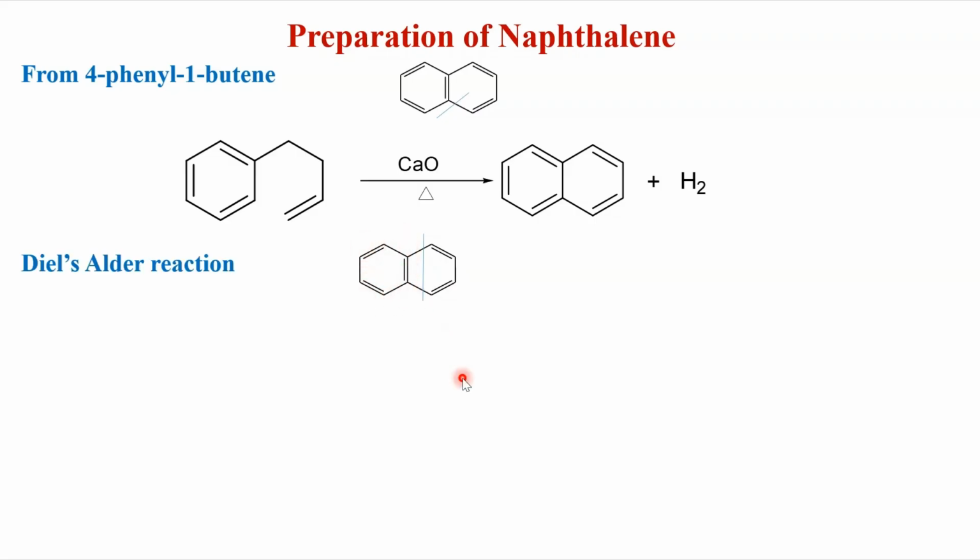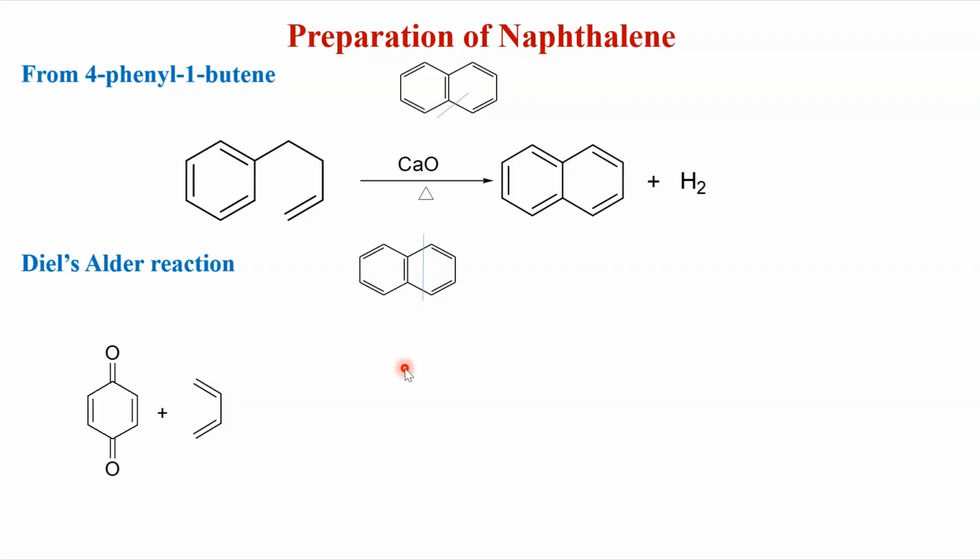That's why I can take benzene as one of the starting materials, and this part is the 4-carbon donor. The 4-carbon donor, I will take 1, 2, 3, 4, butadiene. 1,3-butadiene as one of the starting materials. And I want to react butadiene with benzene.